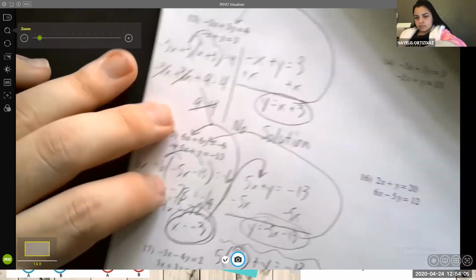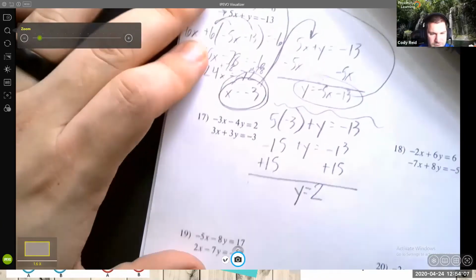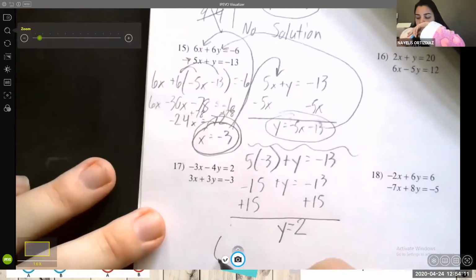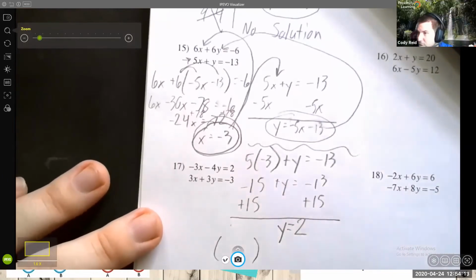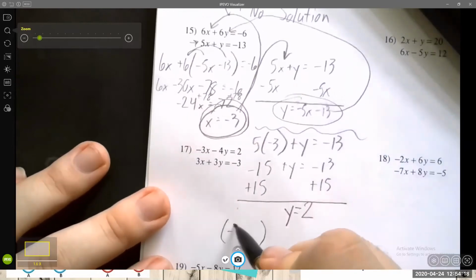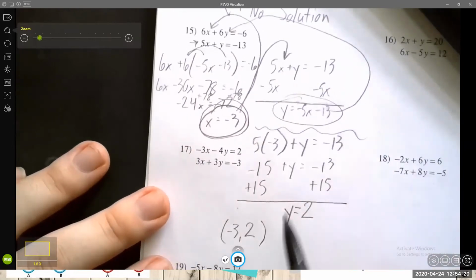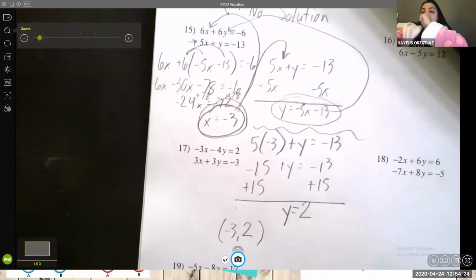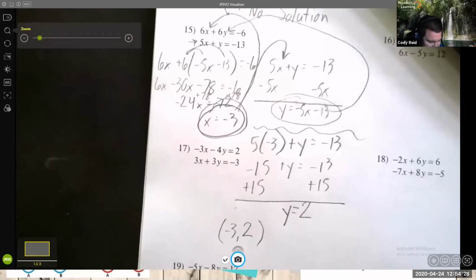And apparently I was writing off screen. There you go. And then how the answer should be written: (-3, 2). Now that's substitution.